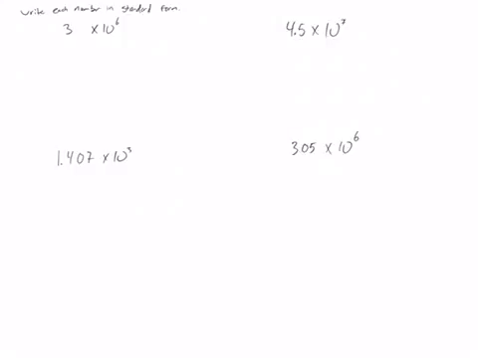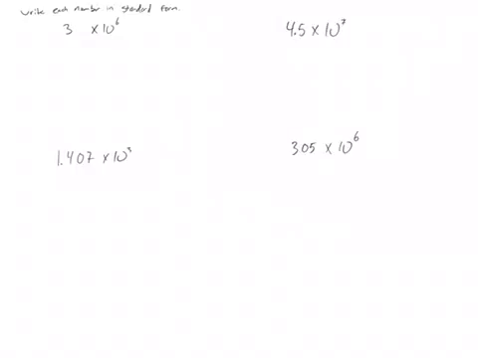So it just says write each number in standard form. That means this is in scientific notation, and now I just want to write it as a normal number. I would like to point out that each of these numbers right here is larger than 1 but smaller than 10, and that is proper form for being in scientific notation. So let's see if we can do this. I'm multiplying by 10 to the 6th.